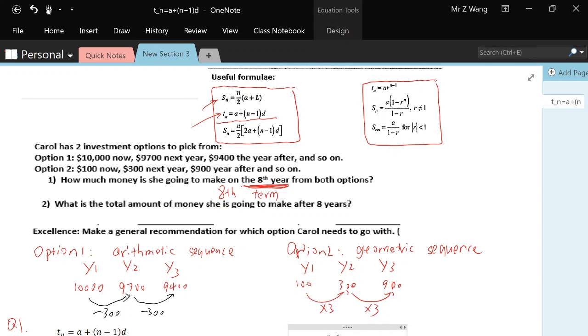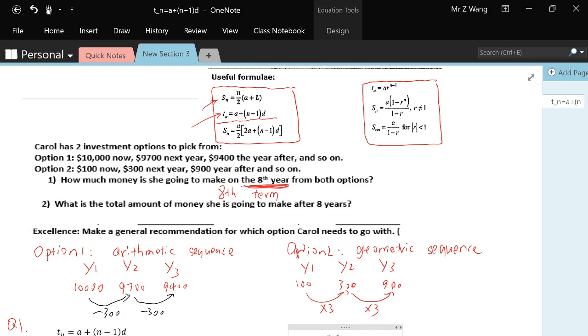What this actually means is we are figuring out the 8th year, so T8 equals A, the first term, which is 100, times R. R is by how much we are multiplying, which we call the ratio, the times 3. So 3 to the power of n minus 1. We figure out 8, so 8 minus 1.